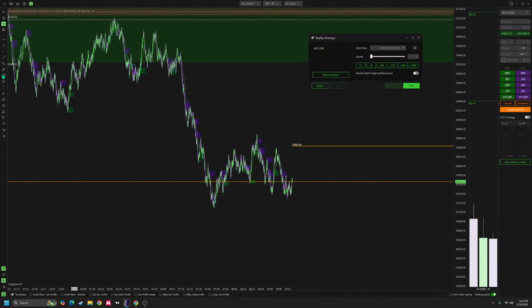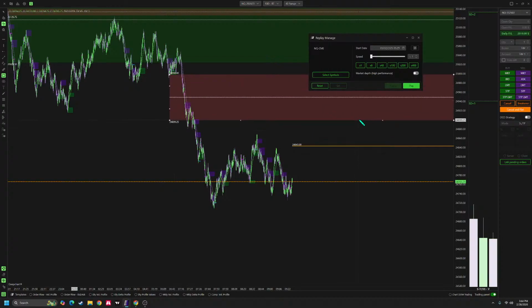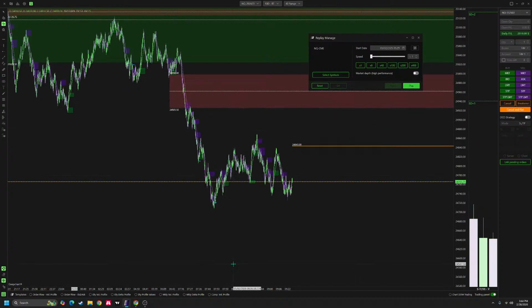But clearly this huge move right here is likely to be retested. And there's another little imbalance zone right here that we may bounce from. So let's go with this right here. Hit play. Bars are going to move fast.